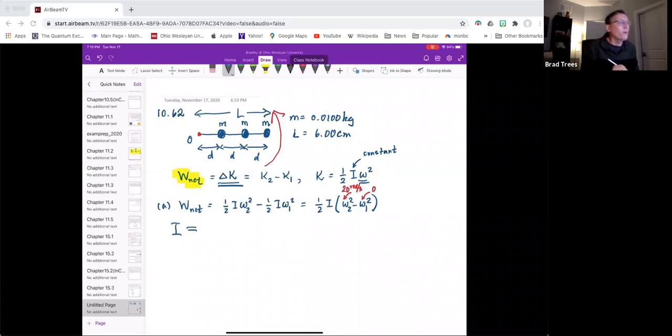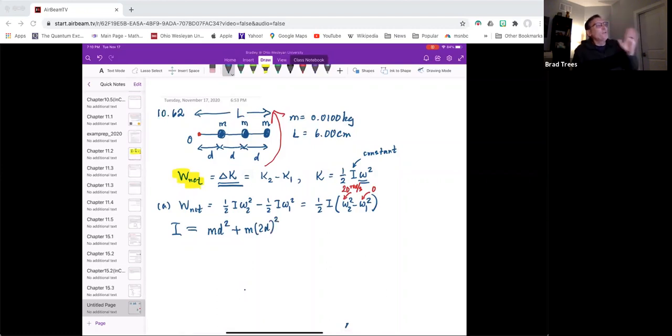For the first particle, the one closest to O, its contribution to I is md squared. It's got mass m and it's a distance d from O. But there's more. The second particle, the one in the middle, has mass m, but how far is it from the axis O? It is a distance 2d.